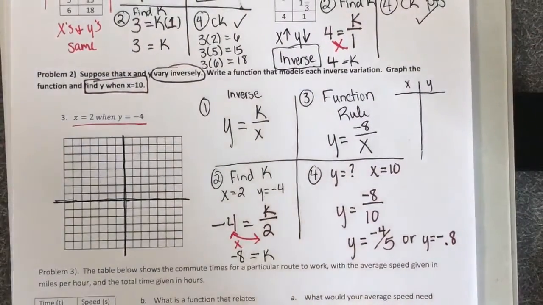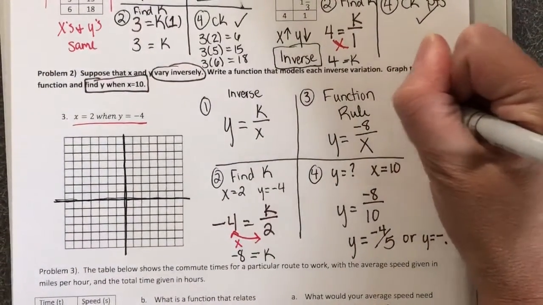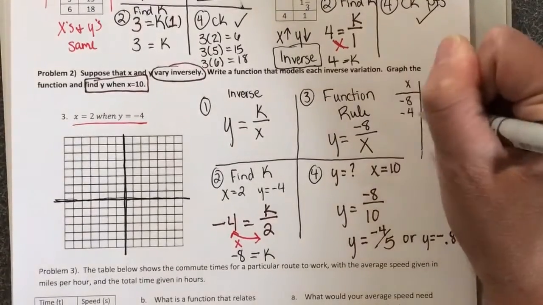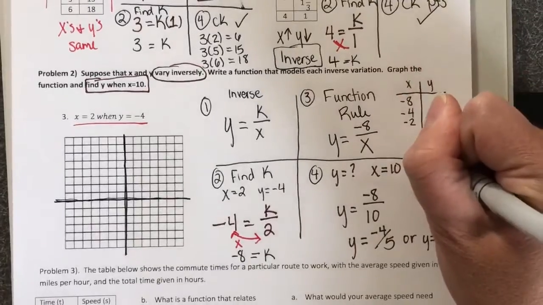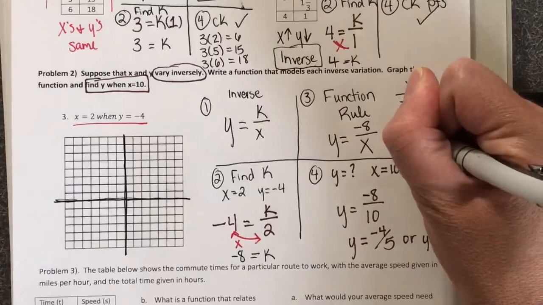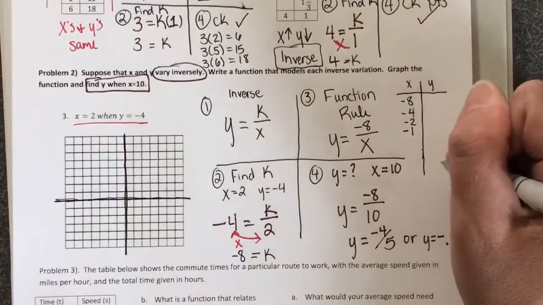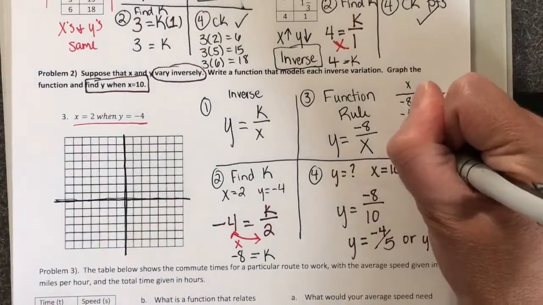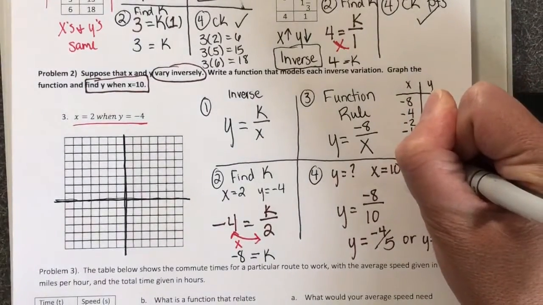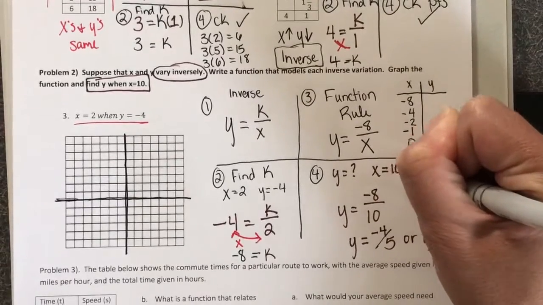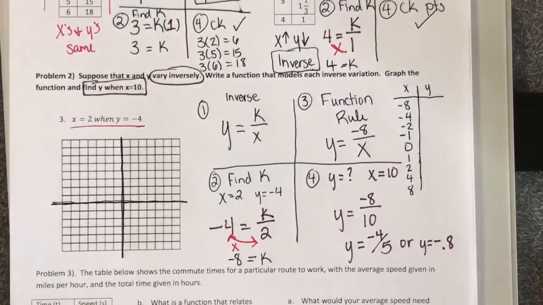So I can use numbers like -8, -4, -2, -1, zero, then +1, +2, +4, +8. And again, I just chose numbers that were divisible by 8.